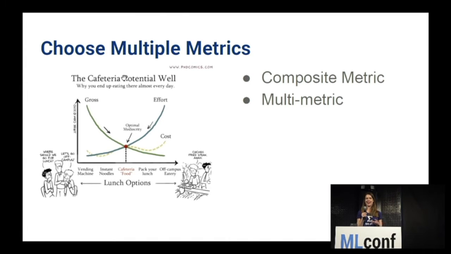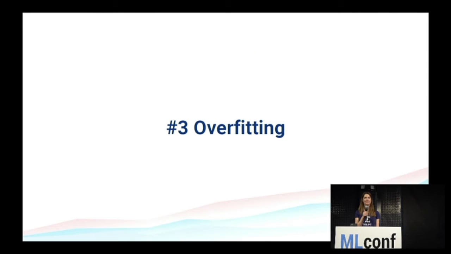These are all different kinds of competing values, and you have choices in how you evaluate your model based on competing metrics. You can create a scalar value composite metric, or you can also evaluate the entire space of possible solutions using a multi-metric approach. But the point is, you can balance competing metrics when you choose to evaluate your model, and you have options in how you go about this.